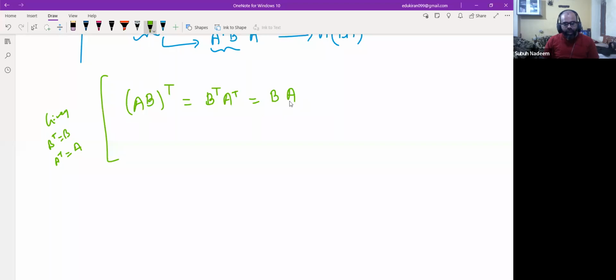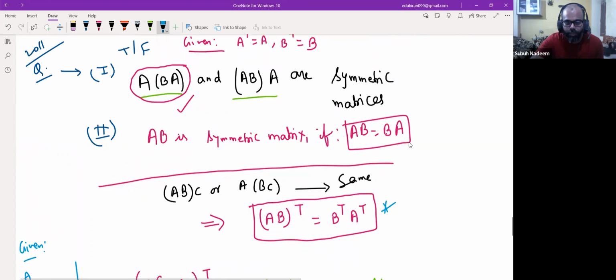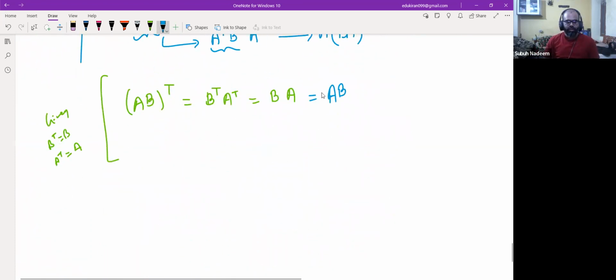Now this BA is actually equal to AB, right? BA is equal to AB because this is commutative, as it is said above that AB is equal to BA. If this condition was not given, then we could not have written it like this. Now, finally, AB transpose is coming equal to AB.